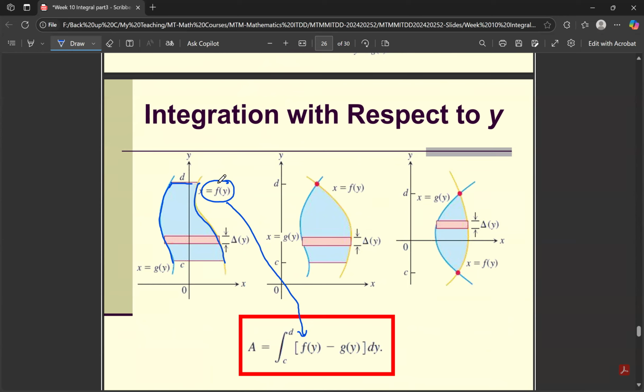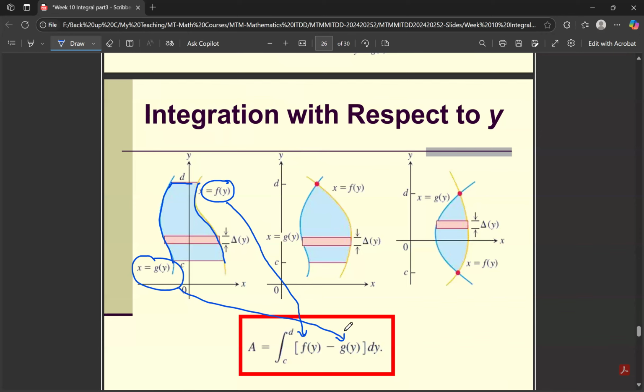Now we say this is the function on the right, minus the function on the left.